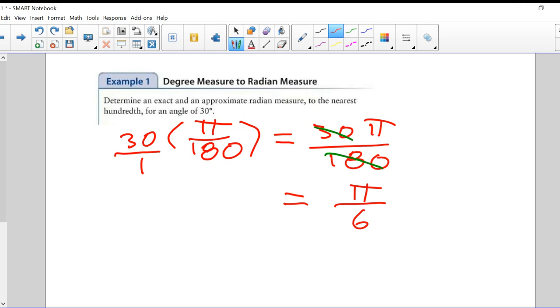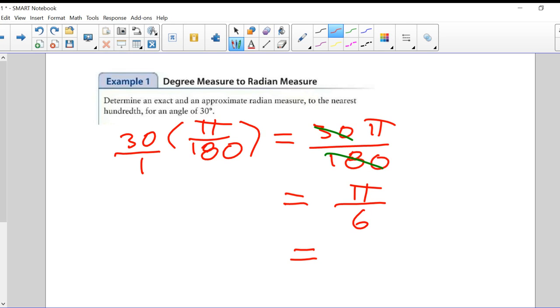Now, it says an exact and approximate radian measure. So we can convert that into an approximate by just doing a calculation. We're going to take the pi and divide that by 6, and put that in decimal form.